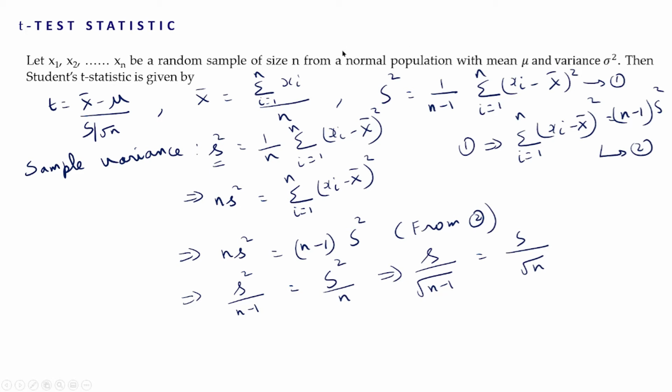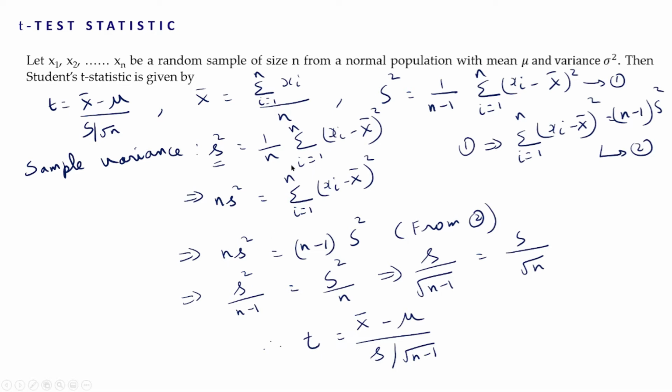So in place of capital S upon root n, we can put small s upon root n minus 1. Therefore, we have another relation for t which uses this sample standard deviation small s. So t is equal to x bar minus mu upon small s divided by root of n minus 1.